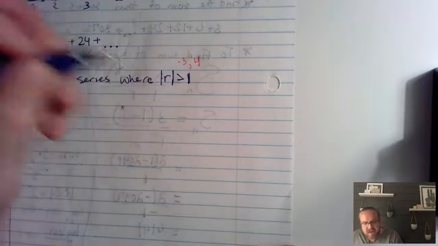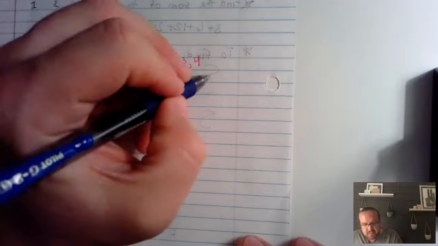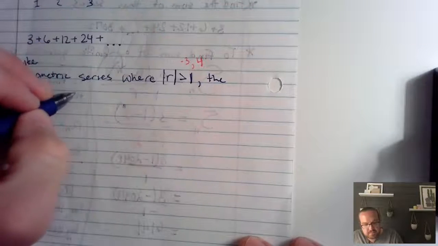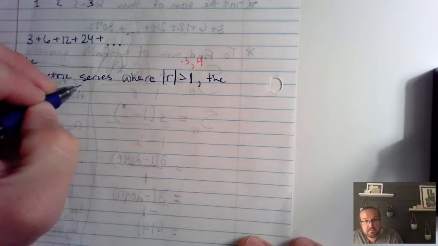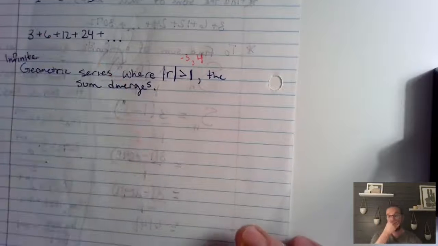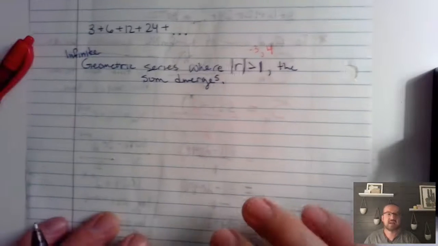What happens with that is the sum actually diverges. The sum diverges. I'll tell you what that means in just a second. But let's get back to the other part.